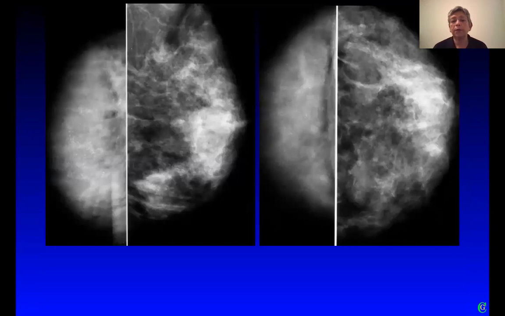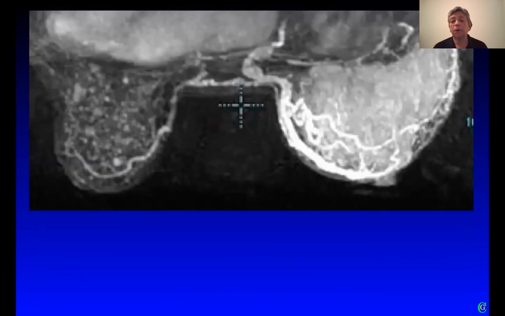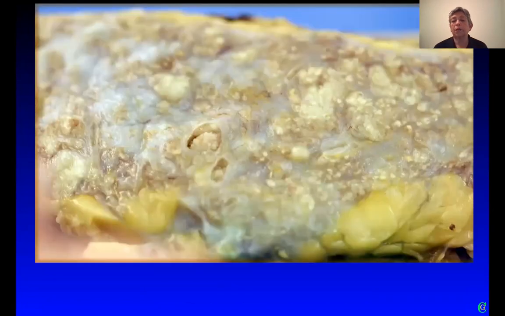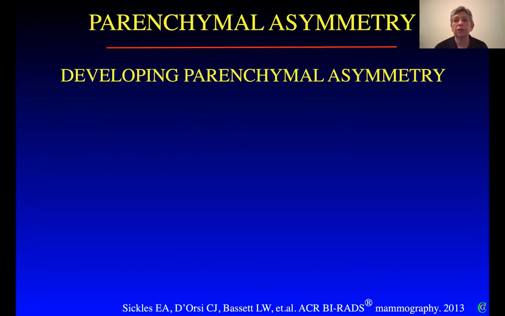Global parenchymal asymmetry in this patient associated with many calcifications. The breast is smaller, and this is the MIP image on this patient. Here's the pathology from this patient. This is actually a patient with extensive intraductal carcinoma in situ, and you see these comedos, you see these dilated ducts associated with comedos within it. So beware of global parenchymal asymmetry with associated calcifications.